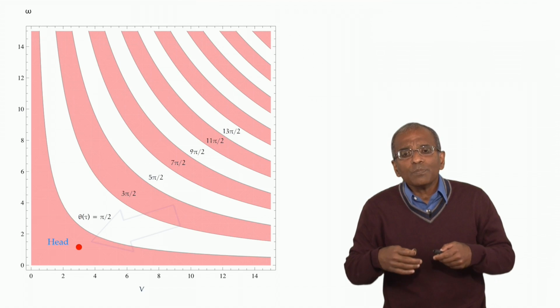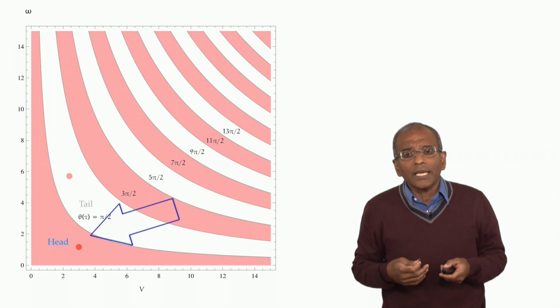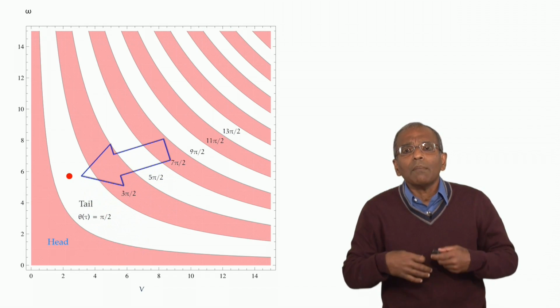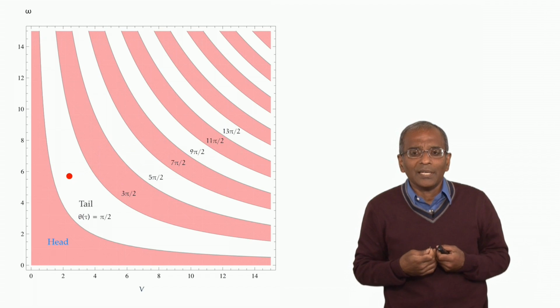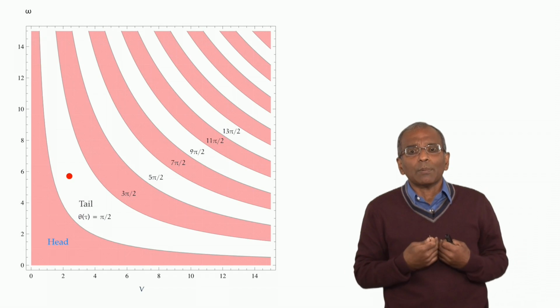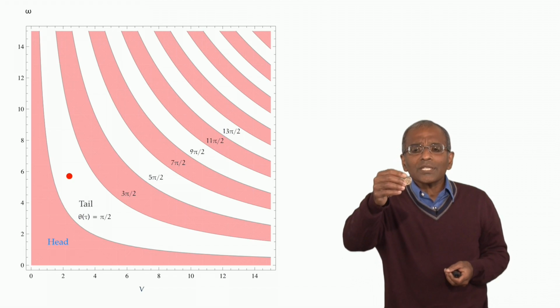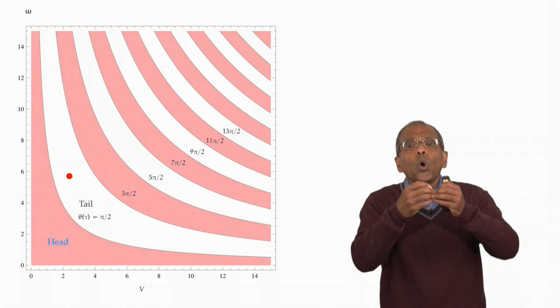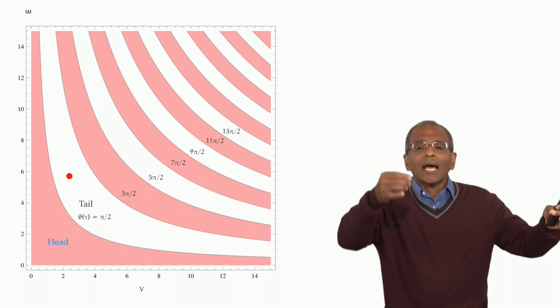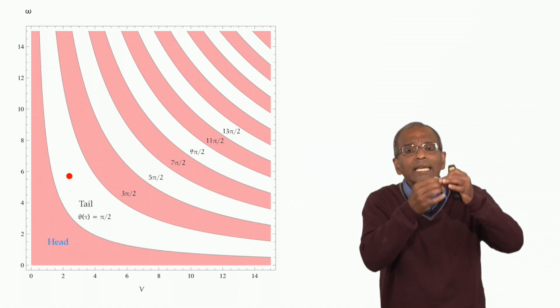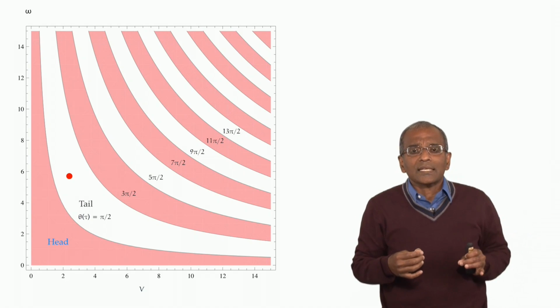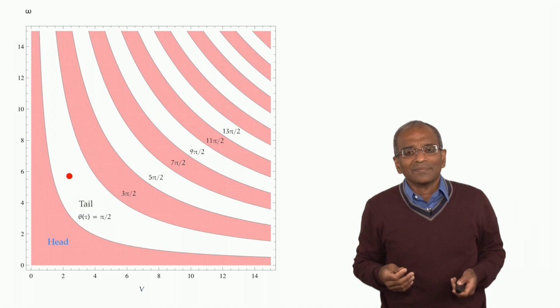Now, what if your speed and angular velocity are such that you lie above that first hyperbolic line and just below the next hyperbolic line where the angle is 3 pi over 2? At this point, you get a tail. In fact, all combinations of speed and angular velocity which lie in that second pale band are going to give you a tail.